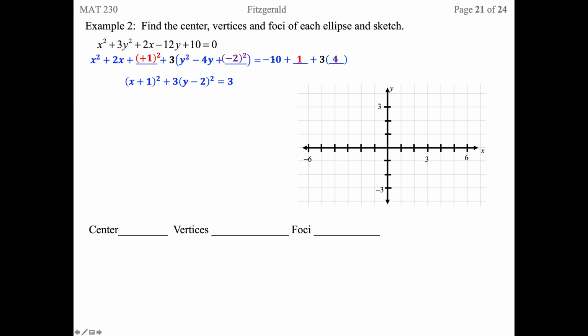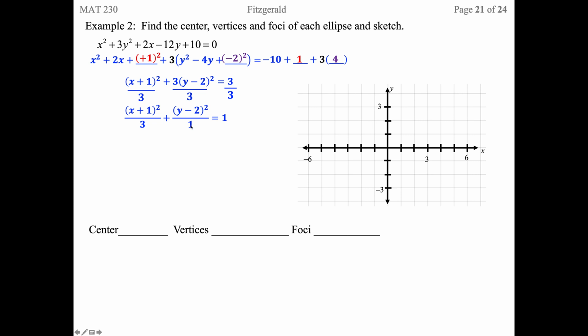And combine everything over here, negative 10 plus 1 plus 12 is 3. And if you remember, back in our definition, we said these had to be set equal to 1. So we got to divide this 3 into everything. So we'll put 3 in the denominator underneath the x plus 1 squared, divide 3 into this binomial, the y minus 2 binomial squared, and 3 here. So that gives us a 1.